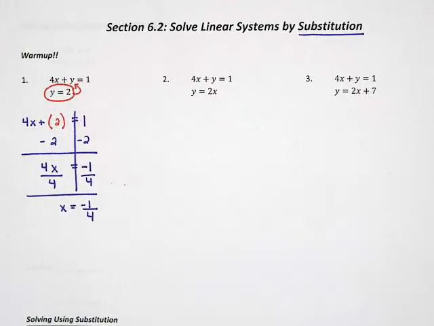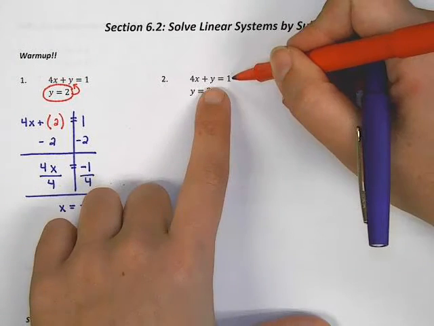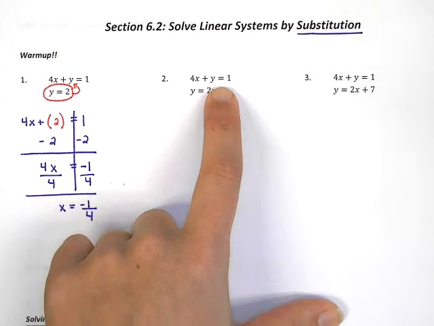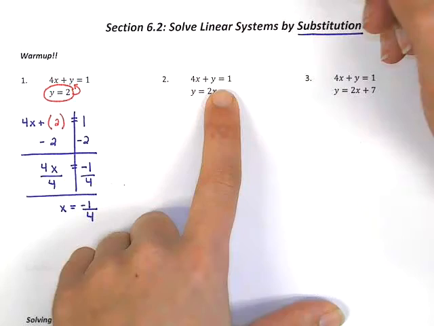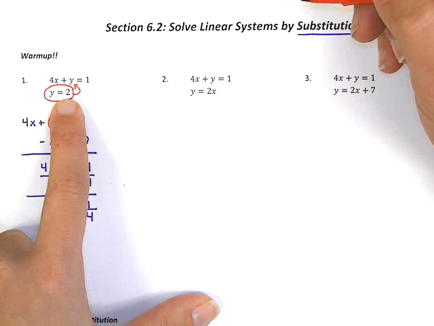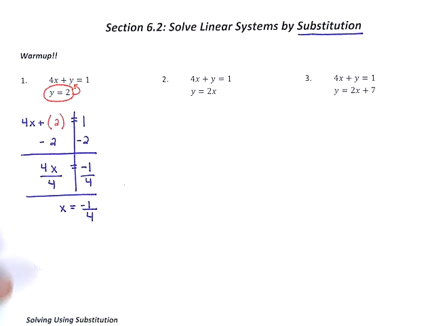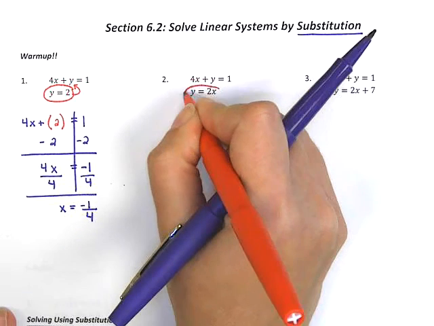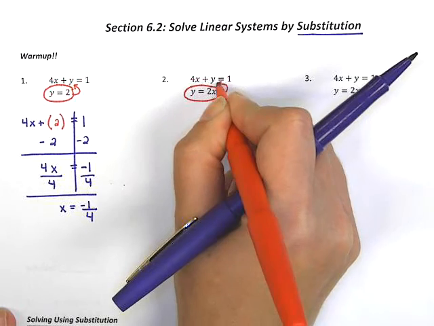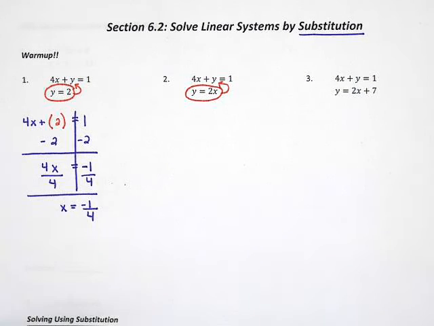Now, what if we took the same original equation, 4x plus y equals 1, but instead of saying that y equals 2, we would say that y equals 2x. Well, if y is equal to 2x, we're still going to plug that into the original equation instead of the y.